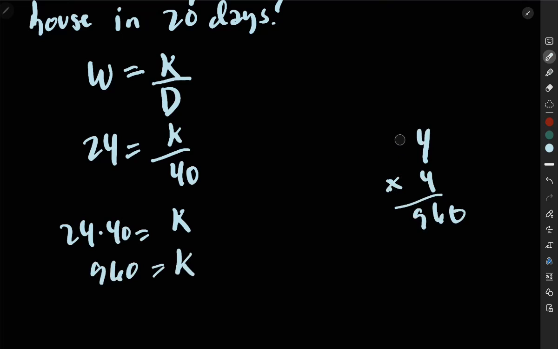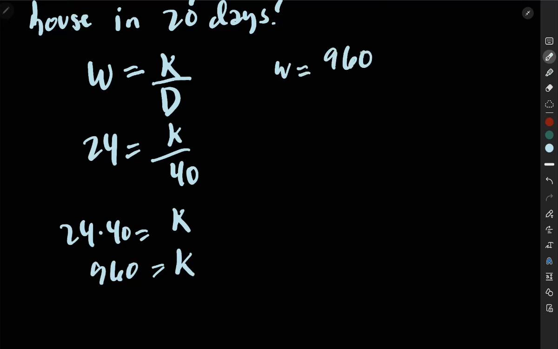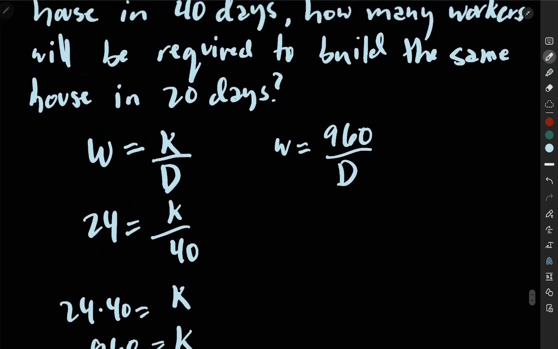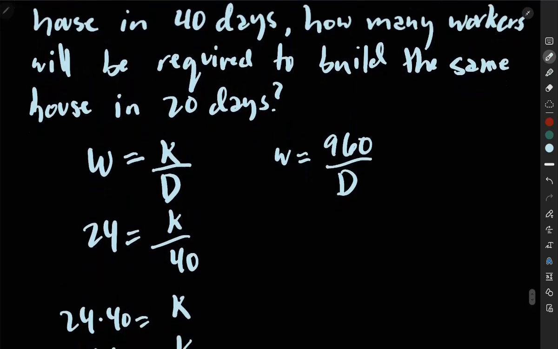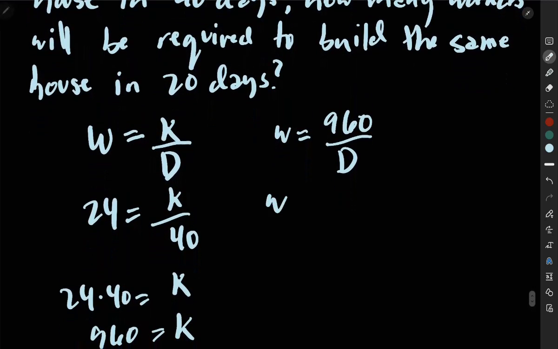So let's remove this. And so the equation now is W equals 960 over D. Then we're going to solve, it's given that it's 20 days, how many workers? So workers equals 960 divided by 20.